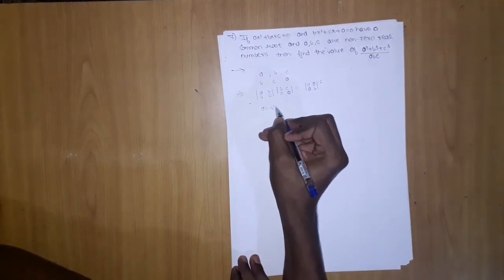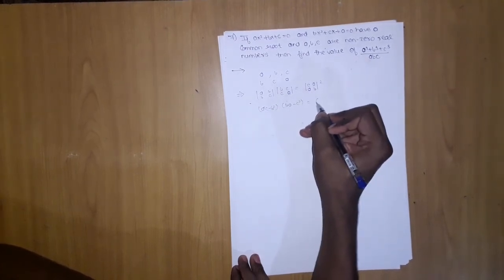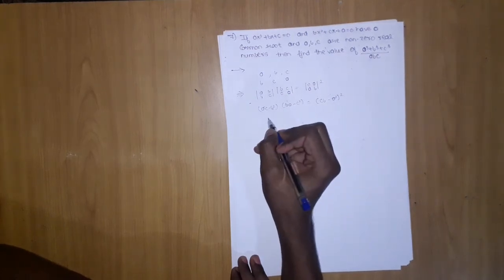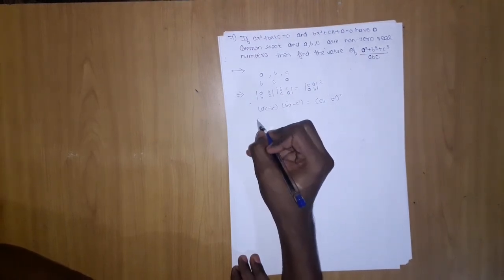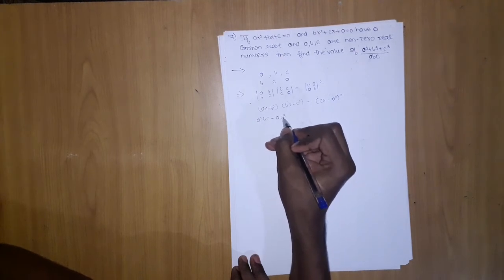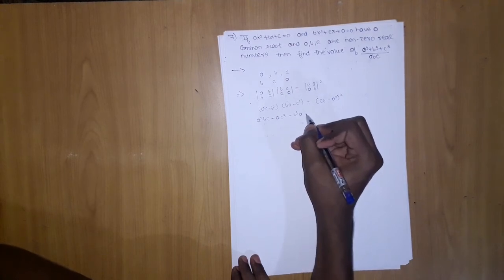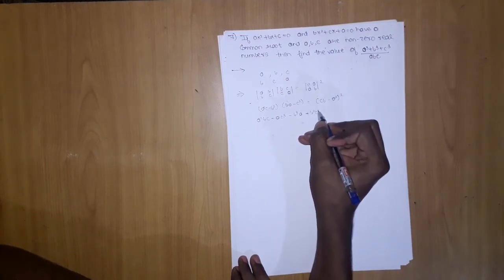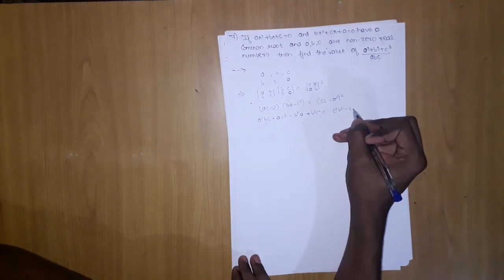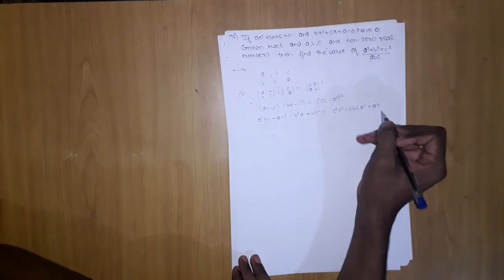So ac minus b square into ab minus c square is equal to cb minus a square the whole square. Now if I multiply this with that, I get a square bc minus a c cube, then b cube a plus b square c square, and here it will become c square b square minus 2 b c a square plus a raised to 4.